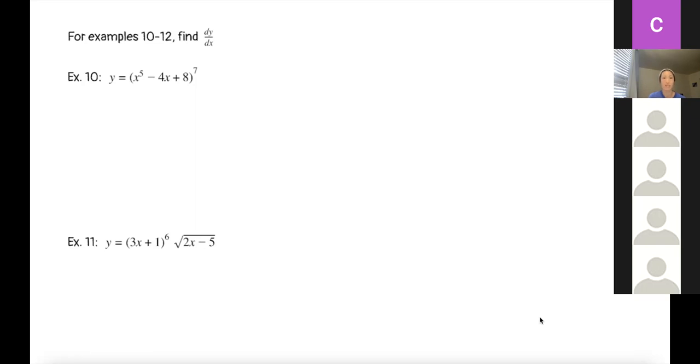All right, so let's take a look at example 10 here. We've got y equals x to the 5th minus 4x plus 8, all raised to the 7th power. And so before we start taking a derivative, my question to you is, what rule or rules do you think we will need to find this derivative?